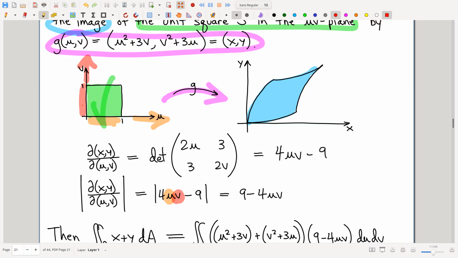So in this expression, 4uv minus 9, no matter what point I'm talking about in my green domain, this term is always less than 4. Which means that the thing I'm taking the absolute value of is clearly negative everywhere in my green pullback domain. And the absolute value of a negative expression is the negative of that negative expression.